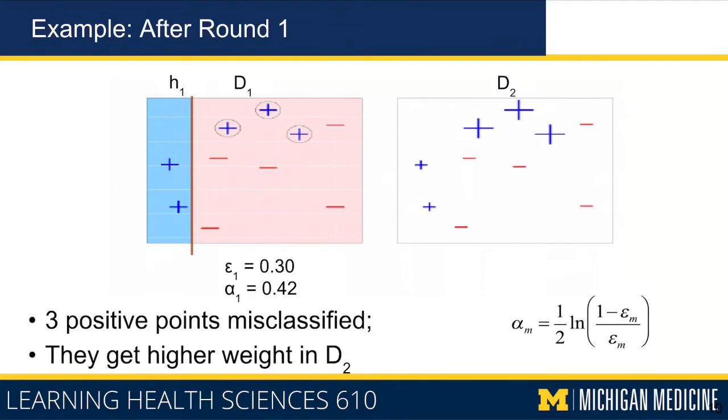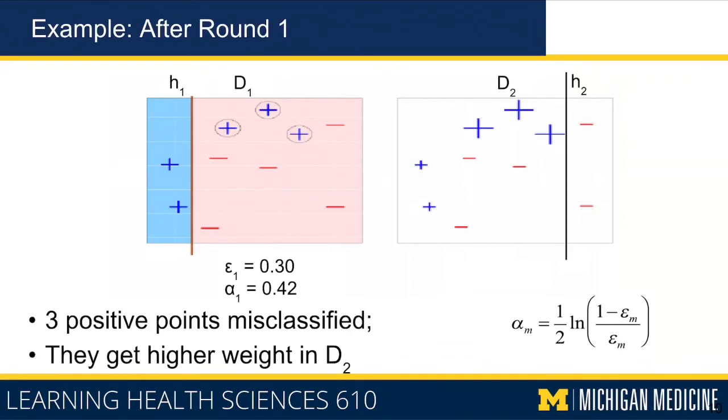Okay. Then you know that in the D2, these 3 points are going to get more weight. So these 3 suddenly increase in their importance, and all other 7 points decrease in their importance. Good, that's your D2. Next, we are going to create another line on D2 now.